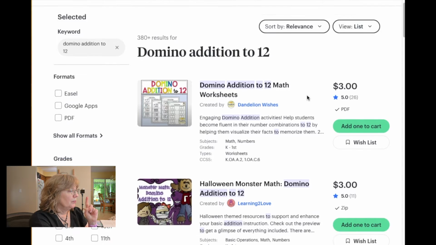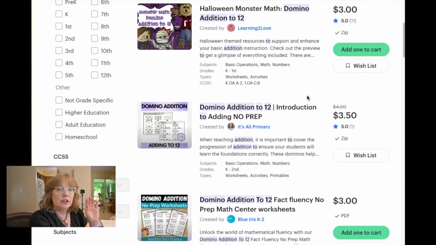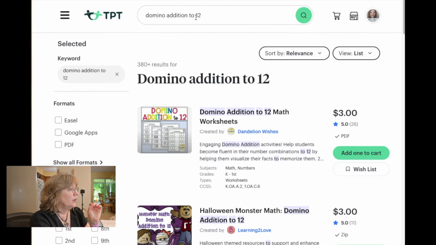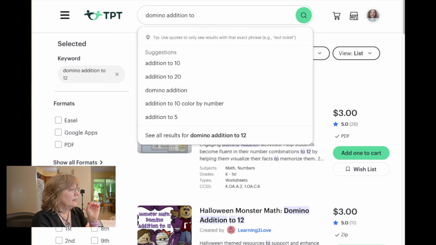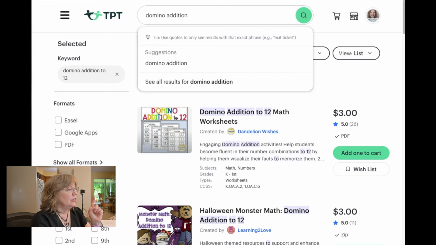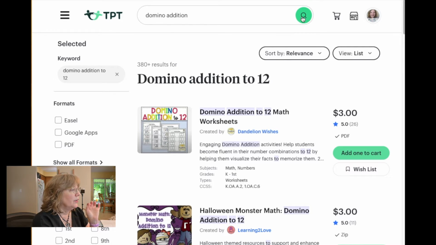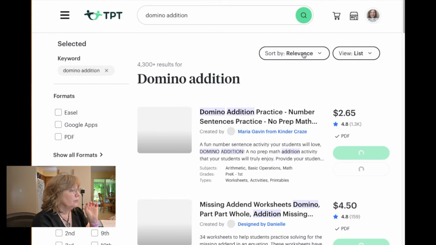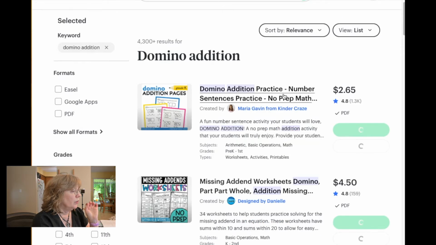Yes, that's true. Okay, I'm on the first page. Domino Edition to 12 is not a high searched word. Like if I go in here, Domino Edition is the only one in here, nothing past it. But if I go here, Domino Edition, I am not going to rank.